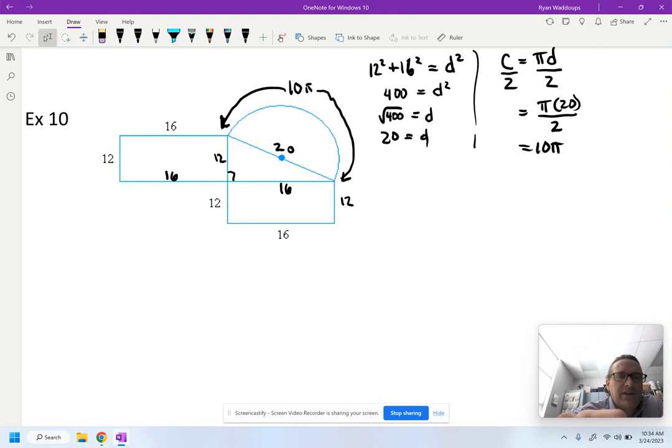So what have I got? The distance around this figure. I'm not counting the insides. I'm not counting this 16 or this 12, nor am I counting this 20. It's just the outside. So I've got 12, how many times? 1, 2, 3.